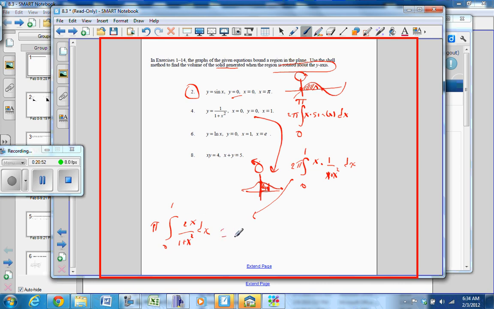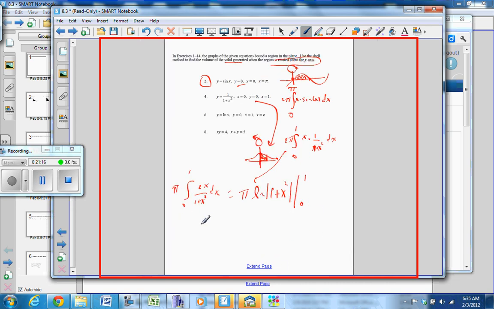So therefore, this equals pi times ln of the absolute value of, sorry, not of x, but of 1 plus x squared, evaluated from 0 to 1. So this ends up with pi times ln of 2 minus ln of 1. We know ln of 1.